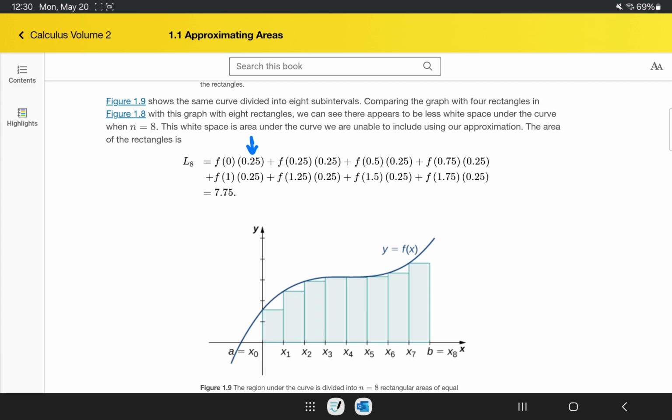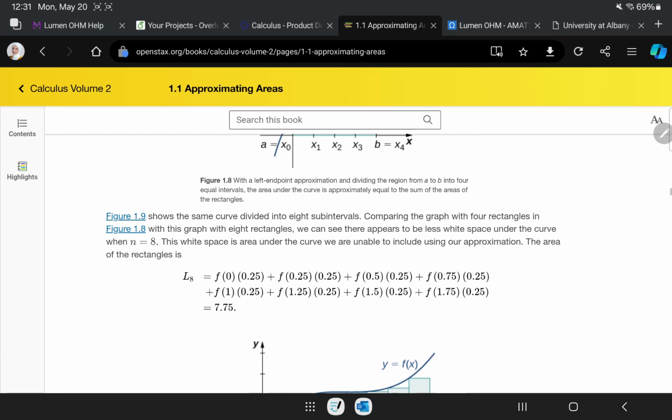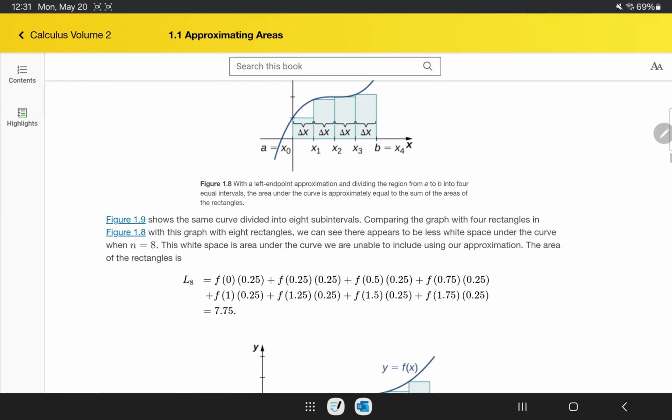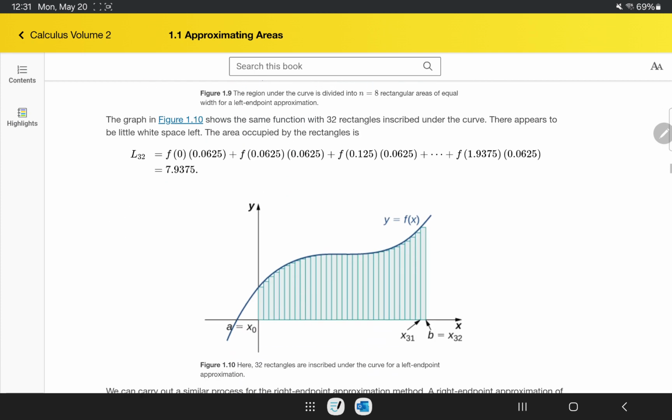I'm going to start with 0 since I'm doing a left endpoint approximation, and I'll keep adding 0.25 here and multiplying by the width to create the area of all of these rectangles. Once you add them up, you should get an approximation for the area under the curve. And if you notice here, I got a slightly different number.